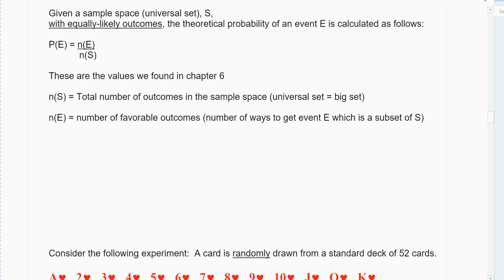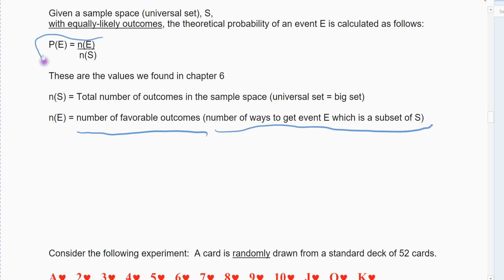That's our divisor, the big universal set, and the number of event outcomes, what we consider favorable outcomes. Again, favorable outcomes means that's what we're counting. We want to know how many times this will happen. If I'm flipping a coin, how many times will heads occur? Well, the favorable outcome is 1 out of a possible 2, which would be my universal set.